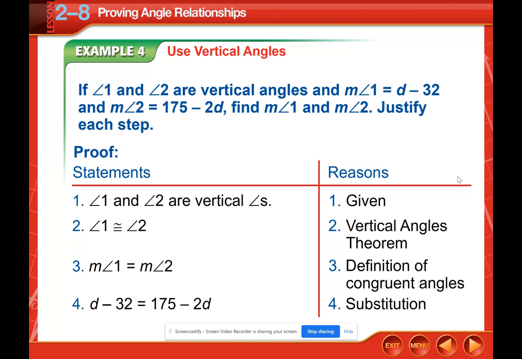So I can substitute in the equations for their measure. d minus 32 is equal to 175 minus 2d. So now we have an algebraic equation where we can solve for d.